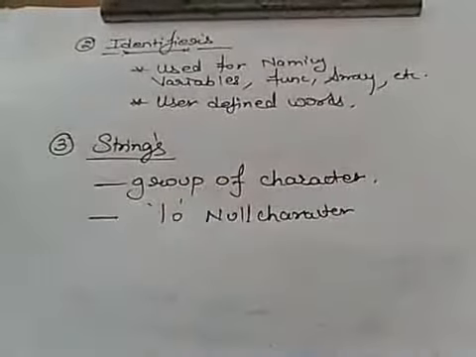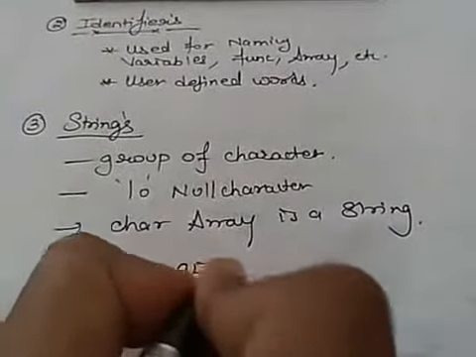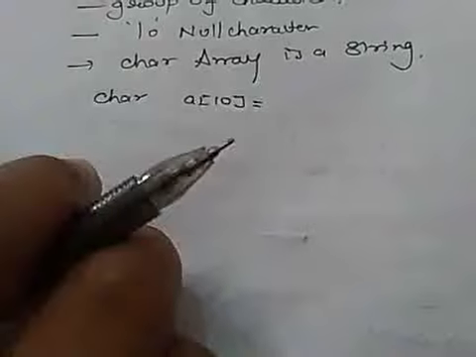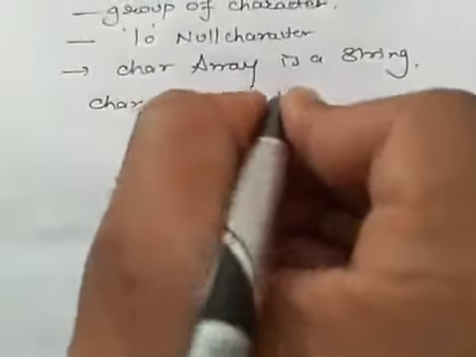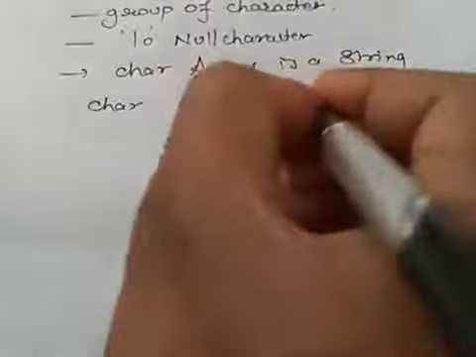In C language, we can say that a character array is a string. For example, we have taken a character array of 10, so we can initialize it with the help of "learning".